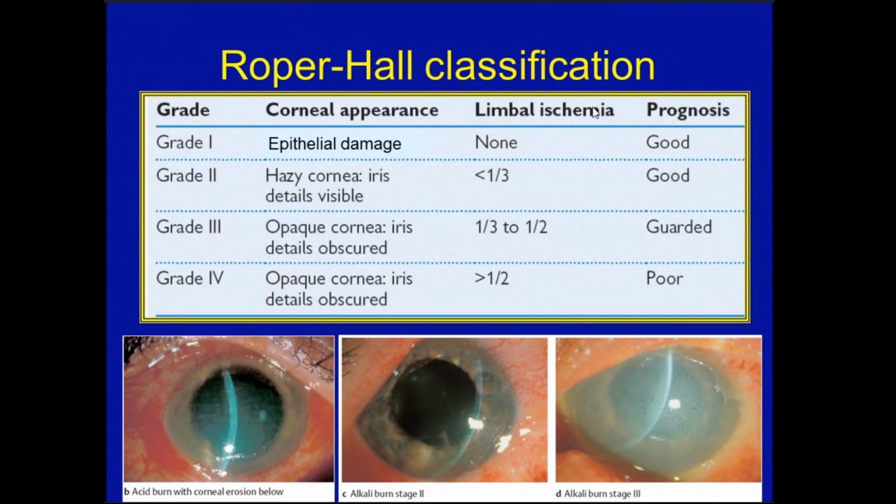But on this picture, you see examples of burns. This is the first grade. This is second. You can see limbal ischemia, and this is the third grade.